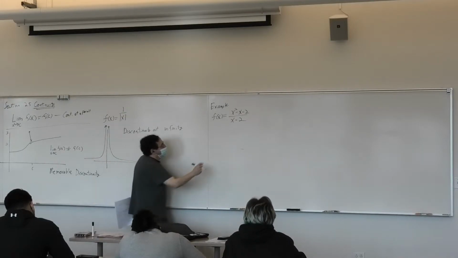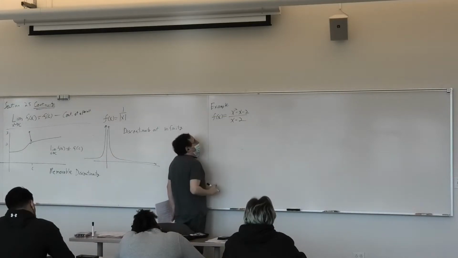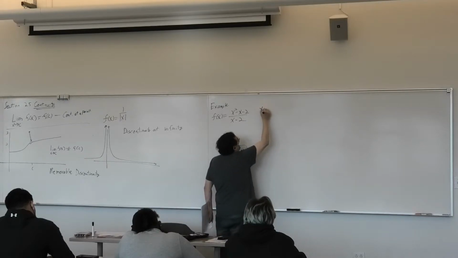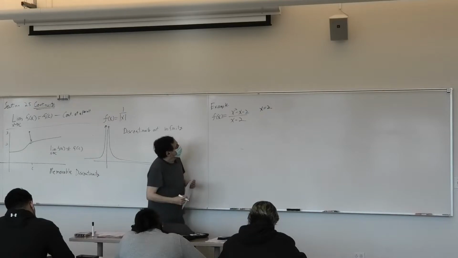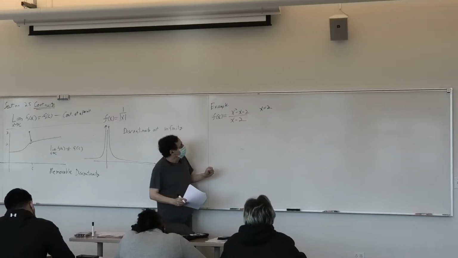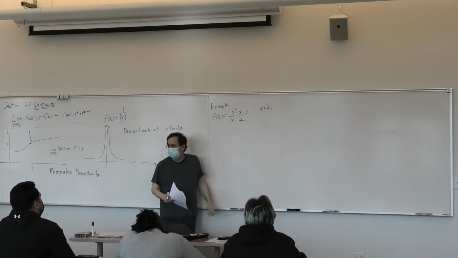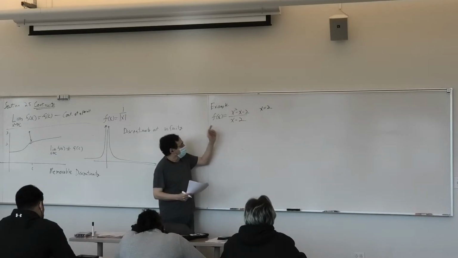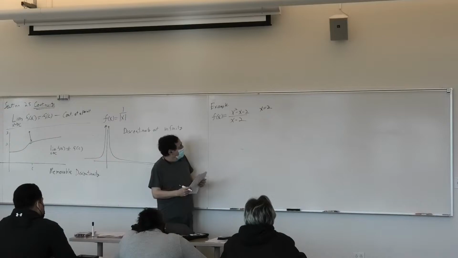Well, we know already there's likely to be a problem at 2. This is a rational function, a polynomial over a polynomial. Its limit is defined everywhere but at 2. But in this case, if you see a problem like this, you want to be a little skeptical here.